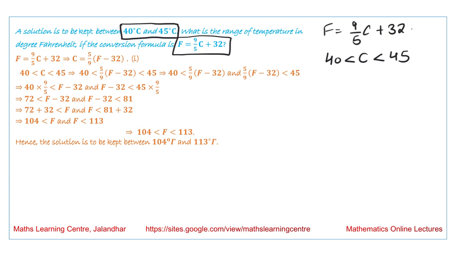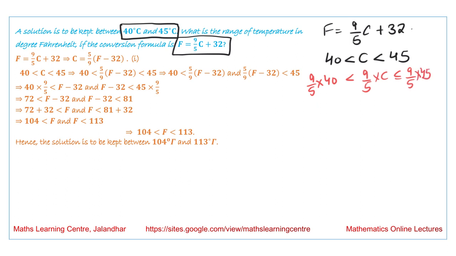If we multiply these terms by 9 by 5, we obtain 9 by 5 into 40 is less than 9 by 5 into C is less than 9 by 5 into 45.